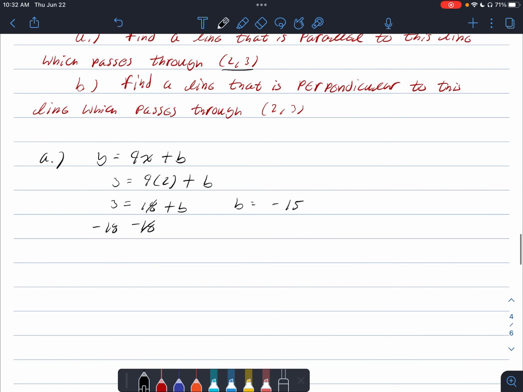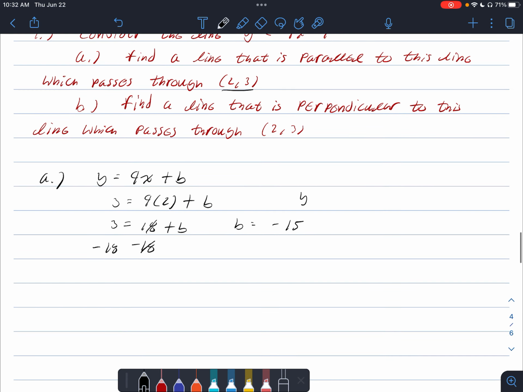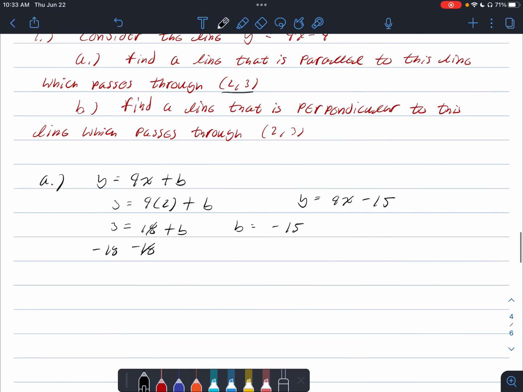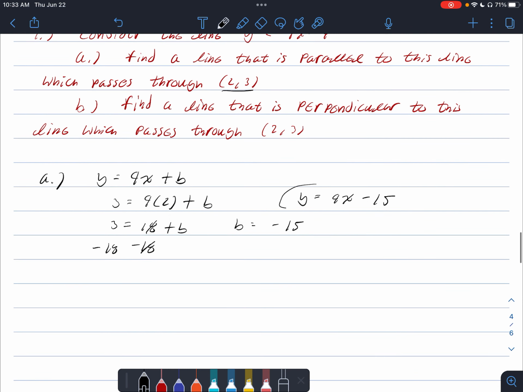Therefore, a line that is parallel to this line and passes through the point 2, 3 is going to be in the form y equals 9x minus 15. Okay, so this line will be parallel. It passes through the point 2, 3, and so that is our parallel line.